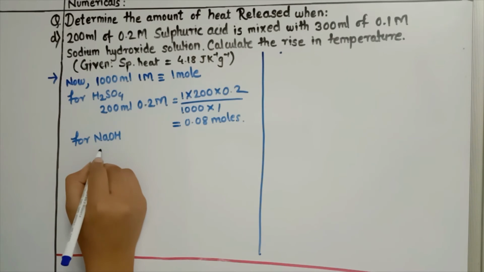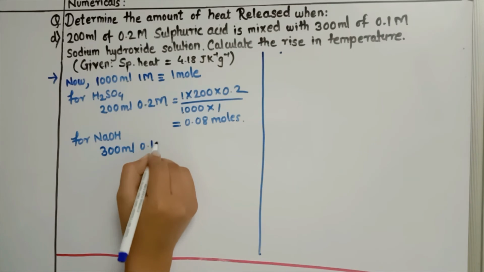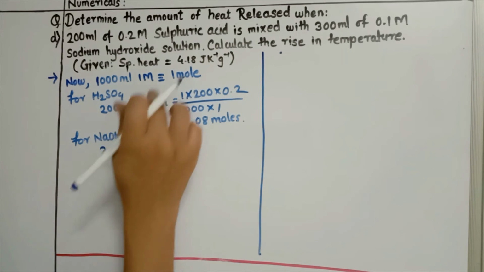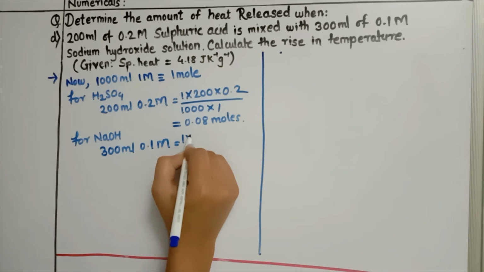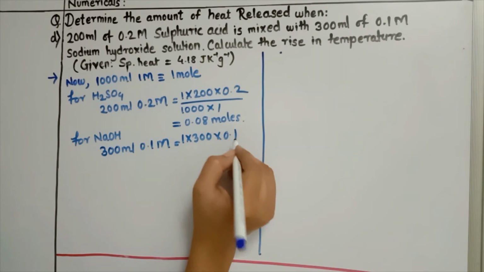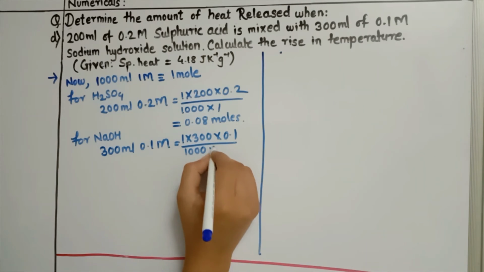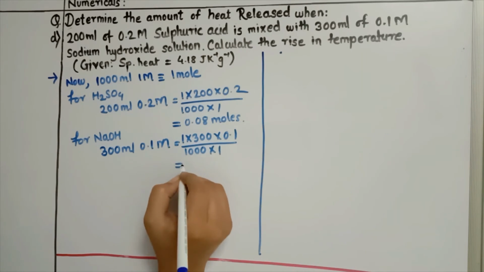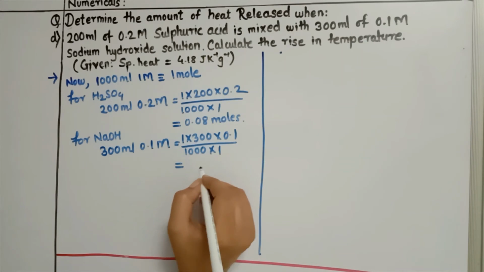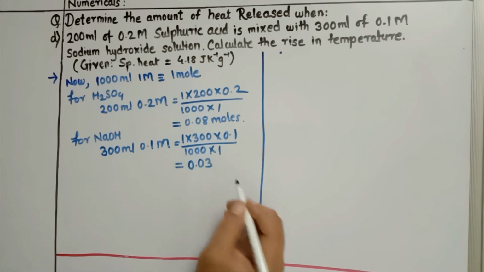Okay, now for NaOH. It is given that 300 ml, 0.1 molar. We will again cross multiply it. 1 into 300 into 0.1 upon 1000 into 1, and that comes to be 0.03.